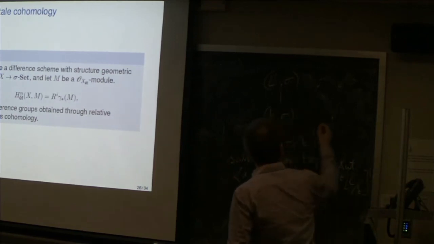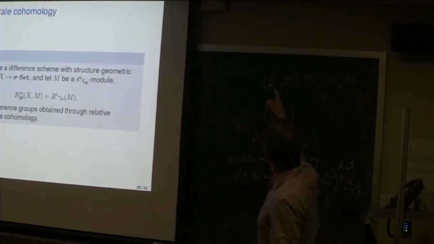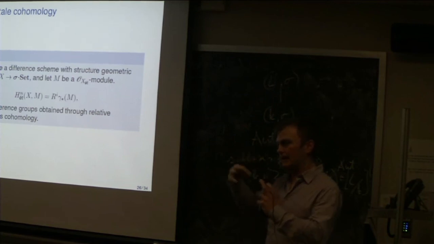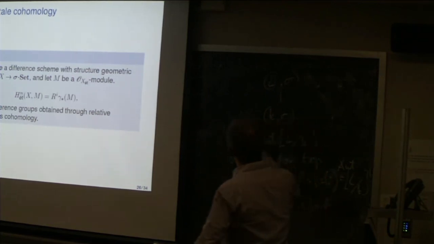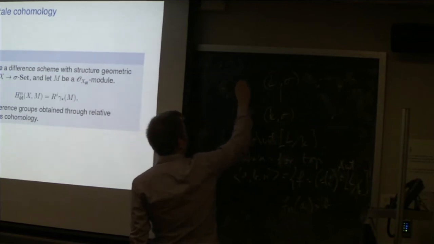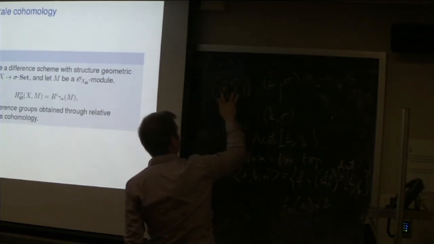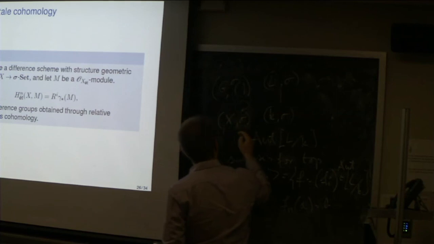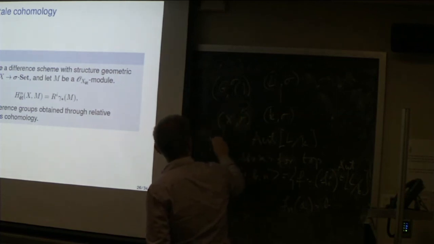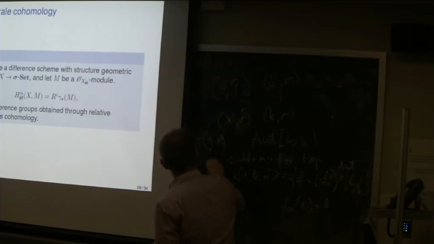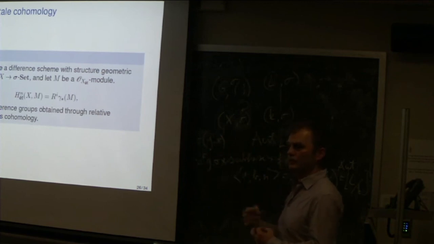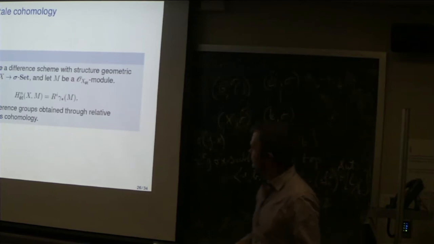But the point is that if you take only those morphisms which commute with sigmas, you get a very small group, and it doesn't have transitive actions on interesting objects. Whereas here, the resulting group is a difference group, and it's acting on a difference object in such a way that sigma of g dot x is sigma g dot sigma x. So you have this sort of difference group action on a difference object. This is the flavor of the theory.